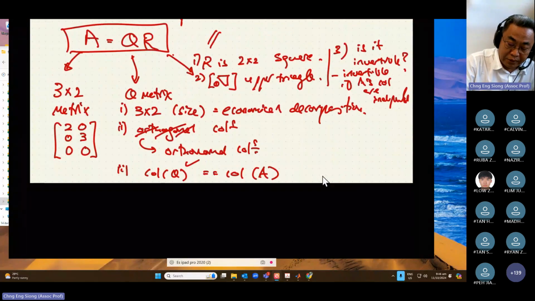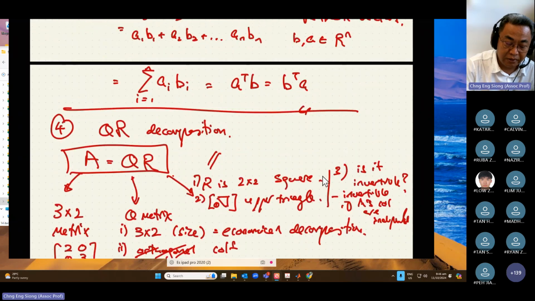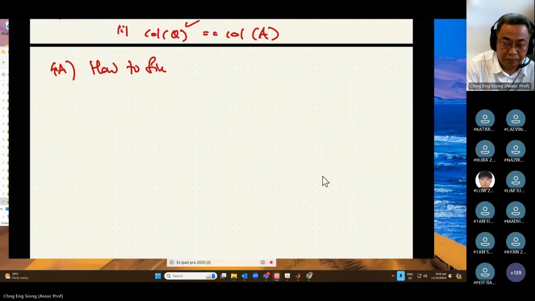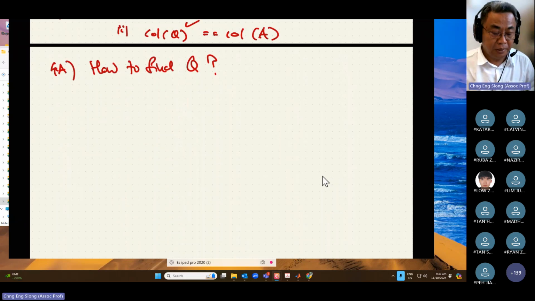Now that we know what QR is, how do we find Q for A? What did we teach in linear algebra? How to find Q? There are at least three methods.